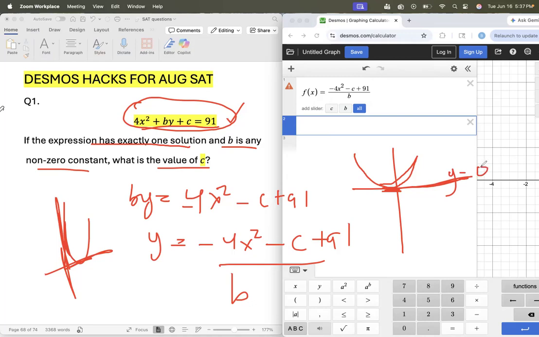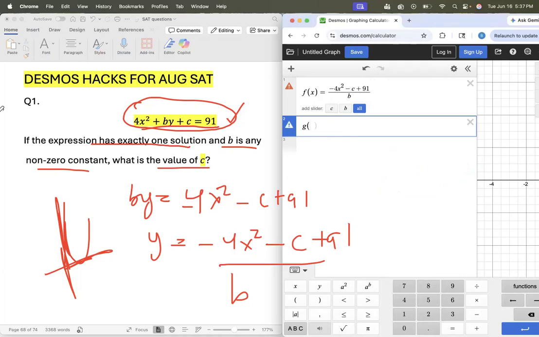If y is equal to 0, the graph is going to touch the x-axis. That's the key. Because of that, we're going to have another function. I'm showing you the trick and explaining the algebra that most people don't tell you. They just solve it, but you don't understand where this is coming from. g of x has to be equal to 0.